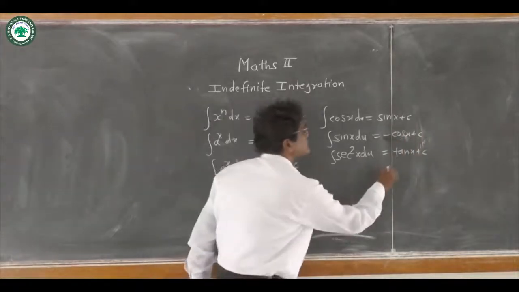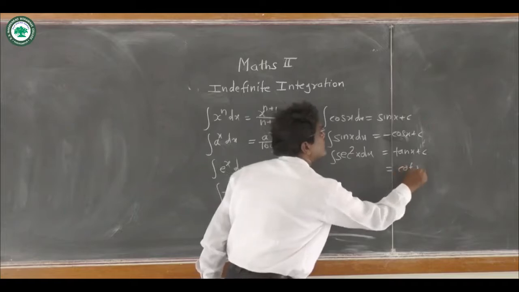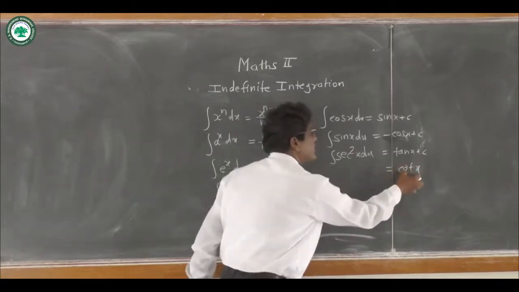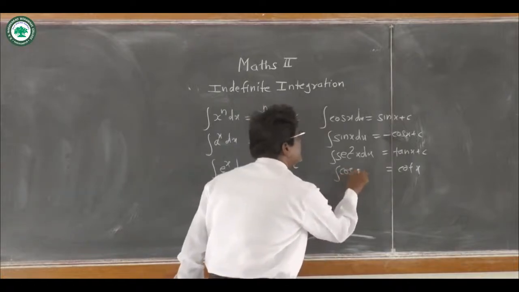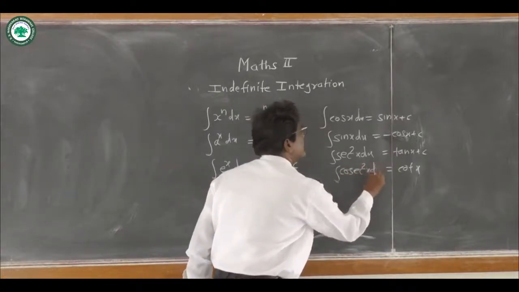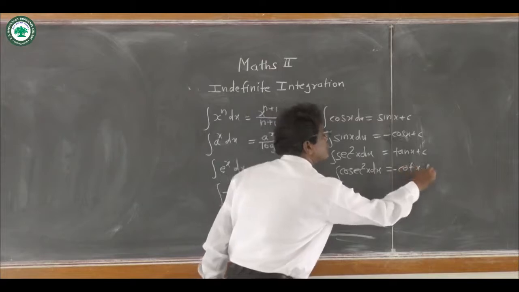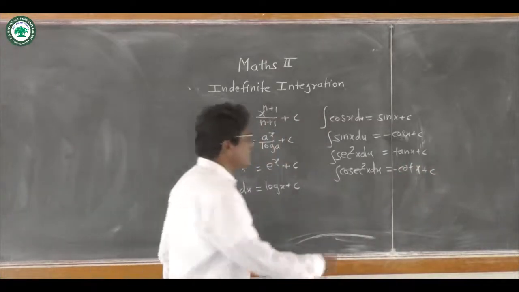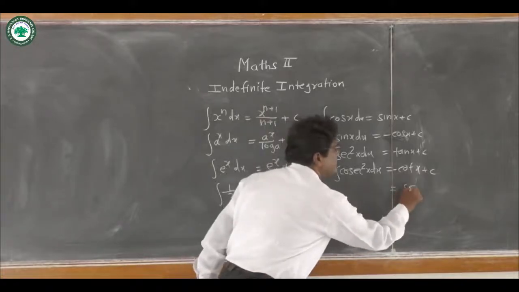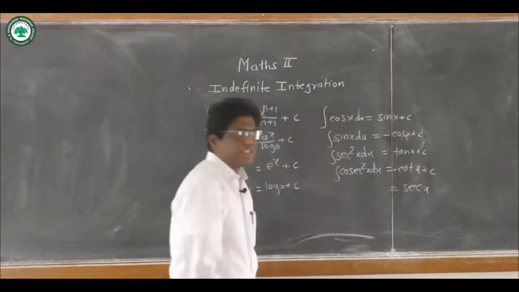Next, the derivative of cot x is minus cosec square x. So integration of cosec square x dx is equal to minus cot x plus constant of integration. Next, sec x. What is the derivative of sec x? Sec x tan x.